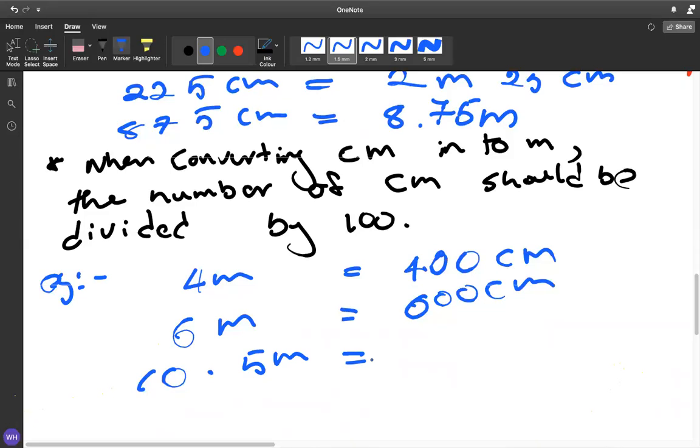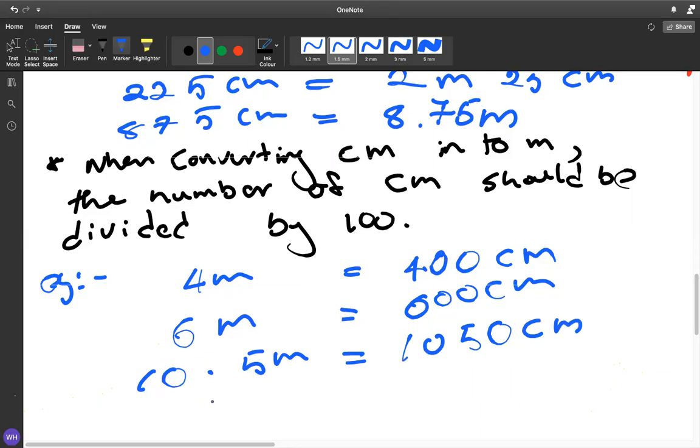Punsara, tell me, if you have 10.5 meters, the number of centimeters that you have. 105 centimeters? You sure? Yes, when you multiply 10.5 by 100. Correct. That is 1050 centimeters. Correct.